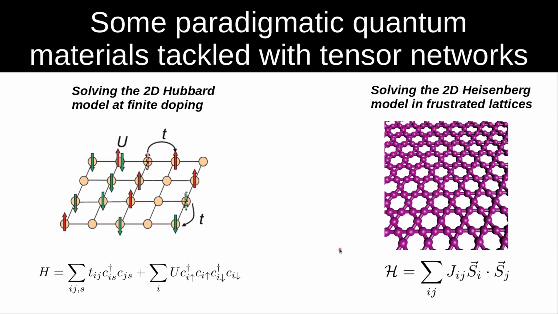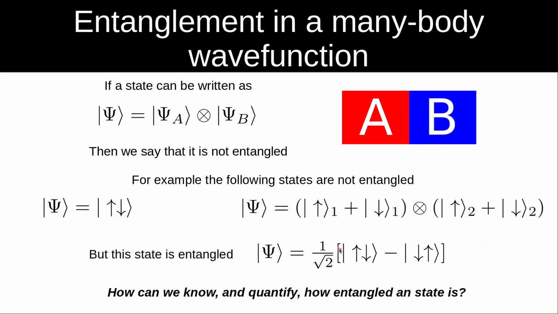So today we are going to see why these matrix product states work well, and what we have to do in order to find the ground state with this methodology. And to understand why they work well, we first need to understand how the entanglement of a many-body wave function behaves.